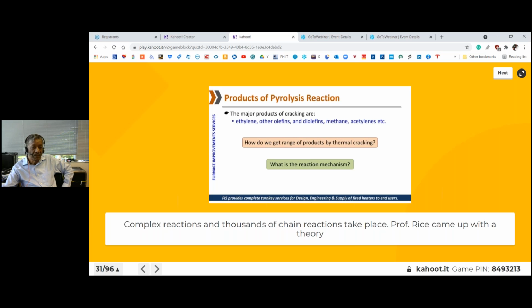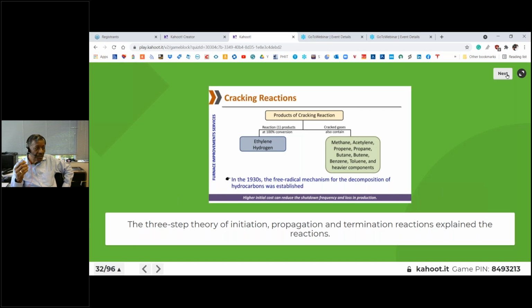So he came up with a three-step process. One reaction, as we showed you, is ethane cracking into ethylene and hydrogen, but the other reactions produce methane, acetylene, butane, butene, toluenes, all these. So he came up with a three-step theory of initiation, propagation, and termination reactions, and explained the reactions.